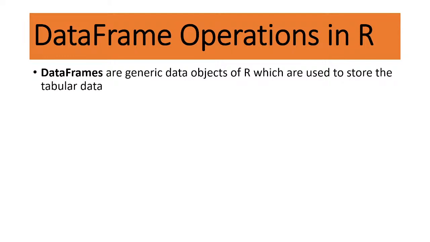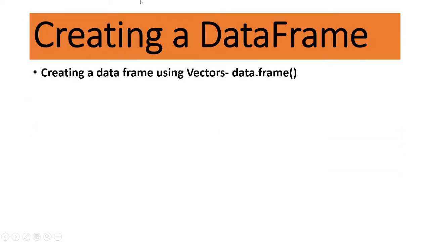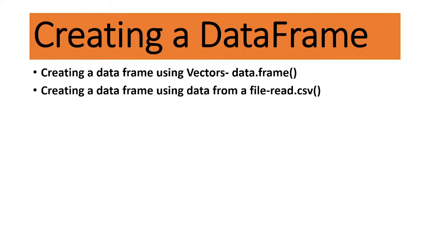When you want to make tabular data, we need to use the data.frame function. We can also create a data frame from a CSV file. Suppose you have a CSV file, you can easily import it in RStudio and work with it as a data frame, or create the data frame using the data.frame function.